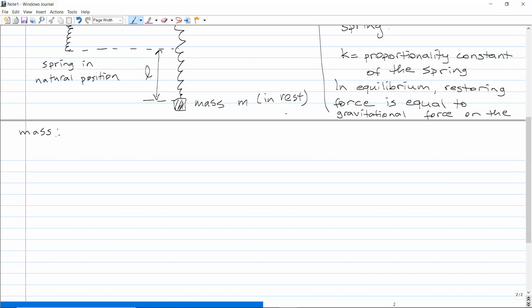The gravitational force is m times g, where g is the acceleration due to gravity, and this should be equal to the restoring force of the spring, the proportionality constant K times the elongation distance L. Here m is the mass of the object.